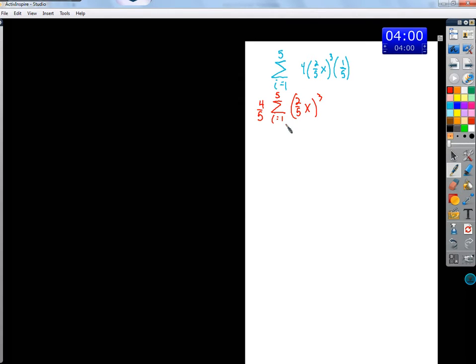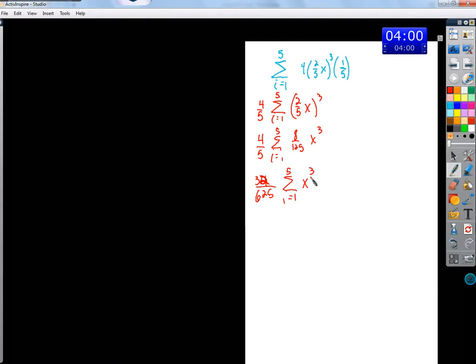We could actually cube this out. 4/5, i equals 1 to 5. So 2/5 cubed is going to be 8 over 125 x cubed. So then we have a common factor of 8 over 125, so we can bring that out here. So we have 4 over 625, or sorry, 32 over 625 times this sum.